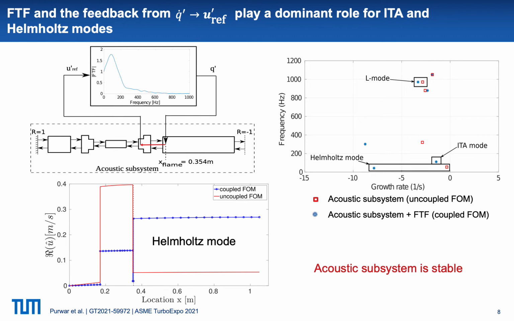After coupling of the acoustic subsystem with the flame transfer function, thermoacoustic modes may be unstable, but the uncoupled acoustic subsystem must be stable. Also, the degrees of freedom of the full order acoustic subsystem is approximately 80.